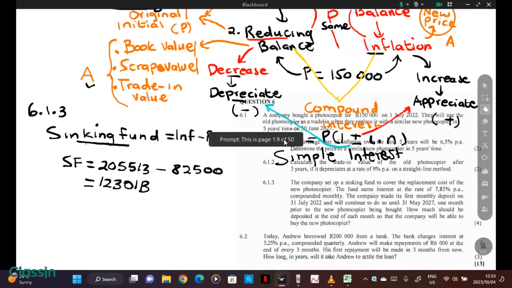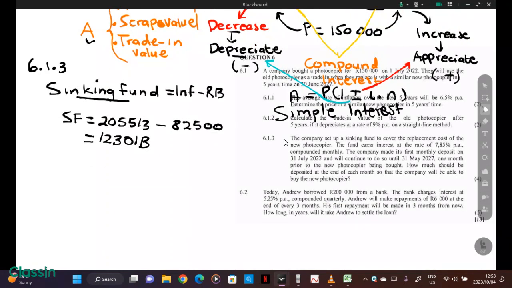So we were on 6.1.3. I was saying that if you see the term sinking fund, it means that your sinking fund will be the inflation minus the reducing balance. But remember, a reducing balance can come either as compound interest or simple interest.